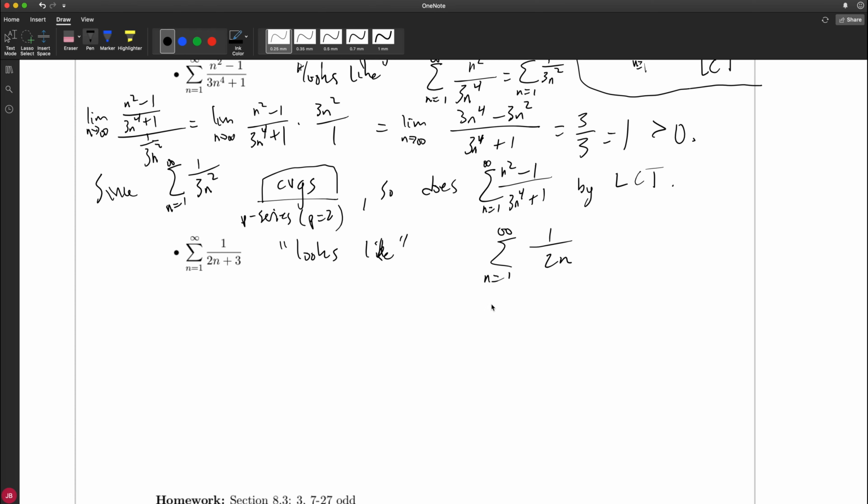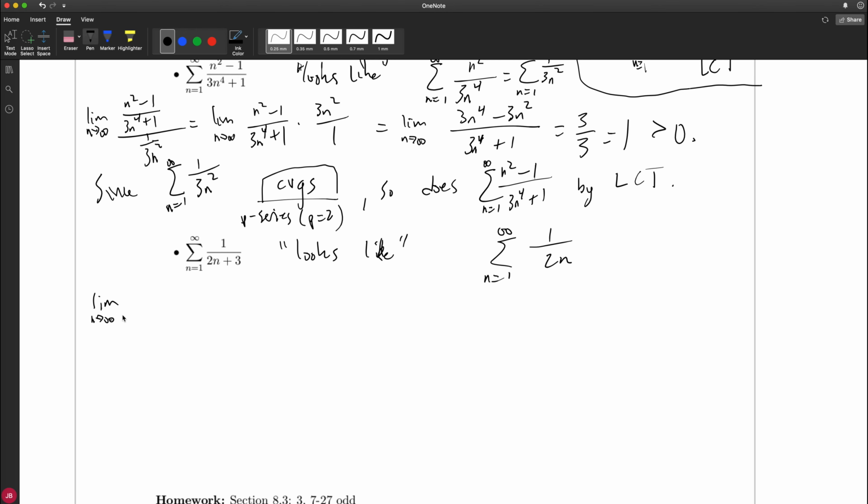And so maybe you're starting to get an intuition for this. This here is the harmonic series, right? It's just 1/2 times the sum of 1 over n, which we know diverges. And it's probably going to work out that when I do the limit comparison test, I'm going to get a positive number as a limit, right? So let's actually just verify that.